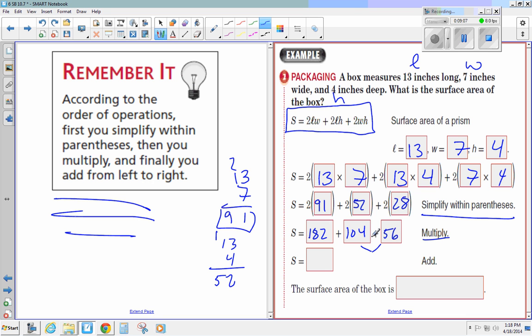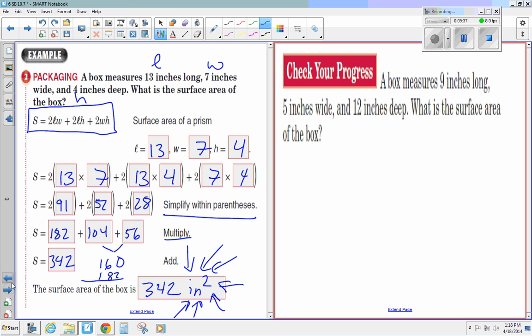Let's add these two first, 160, 182, 342. So the surface area of this box is 342 square inches. Do not forget the units, please.